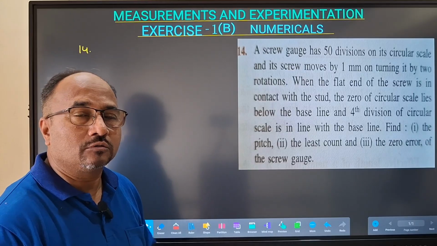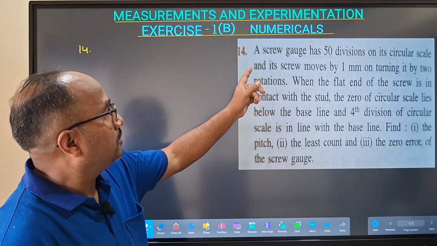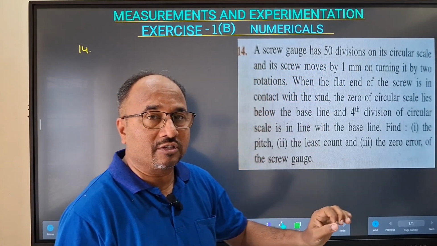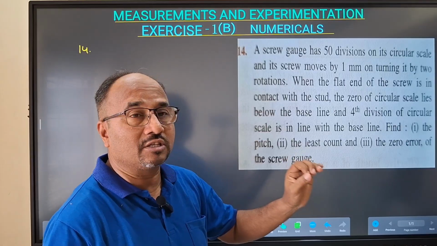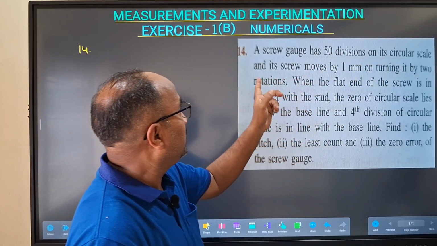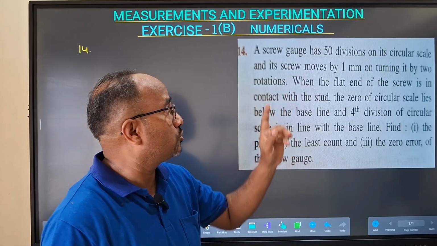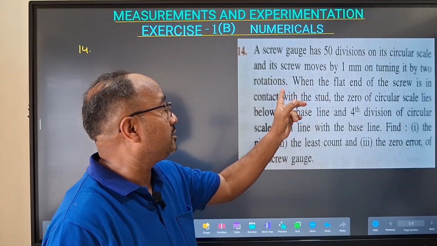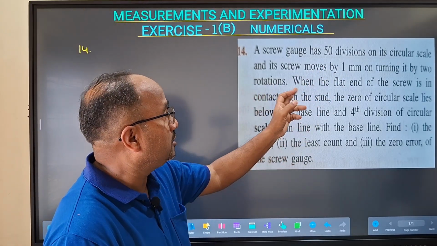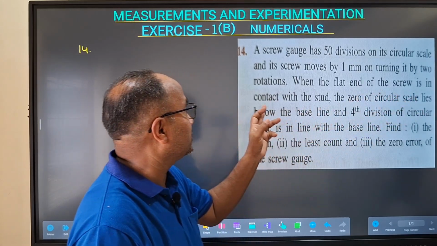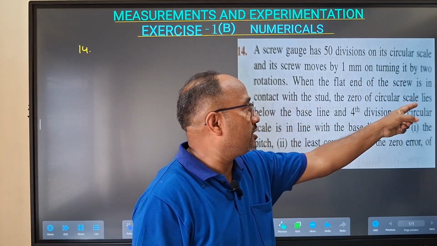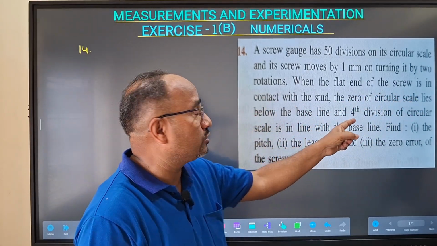Let us come to see this 14th numerical. A screw gauge has 50 divisions. So the number of divisions in the circular scale is 50, and its screw moves by 1 millimeter on turning it by 2 rotations. So the distance moved, 1 millimeter, is in 2 rotations, not 1 rotation. When the flat end of the screw is in contact with the stud, the zero of the circular scale lies below the baseline.